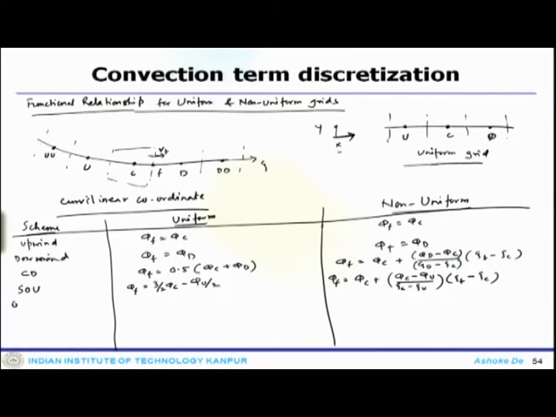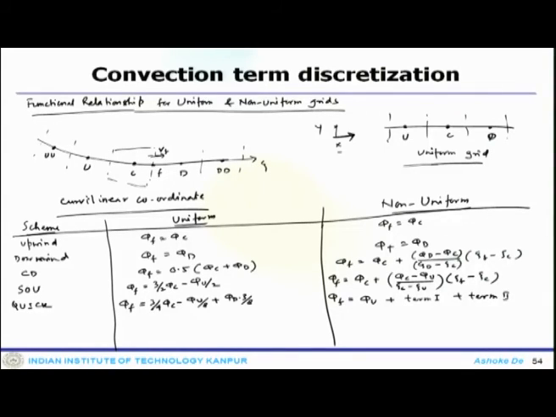Now, QUICK, you get phi f equals 3 by 4 phi c minus phi u divided by 8 plus phi d into 3 by 8, and this case this is phi u plus term 1 plus term 2.